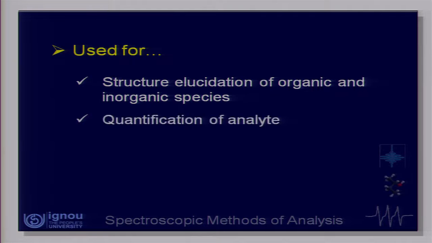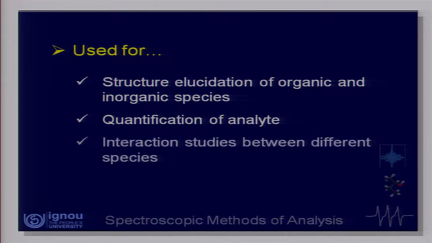Another domain where spectroscopy comes into play, very crucial for the analytical chemist, is the quantification of analyte. Yet another domain is the interaction studies between different types of species. That means we may have molecules and ions, ion-molecule interaction, molecule-molecule interaction; a variety of interaction studies can be taken up with the help of spectroscopy.